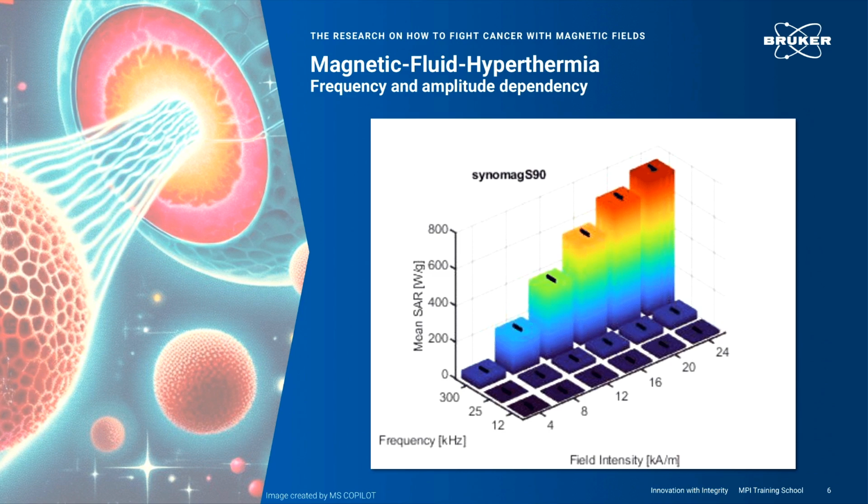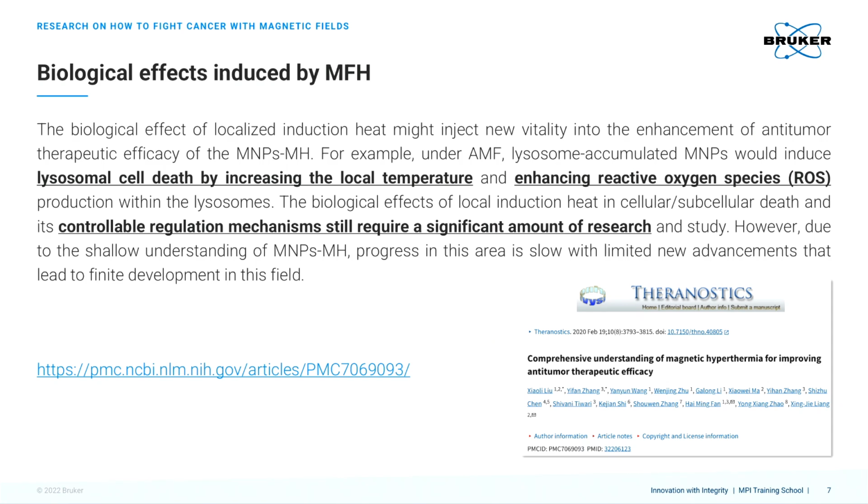And this is exactly what we're going to use in magnetic fluid hypothermia. So biological effects are that the local temperature increase in cells could enhance the reactive oxygen species, and therefore could go for cell death.